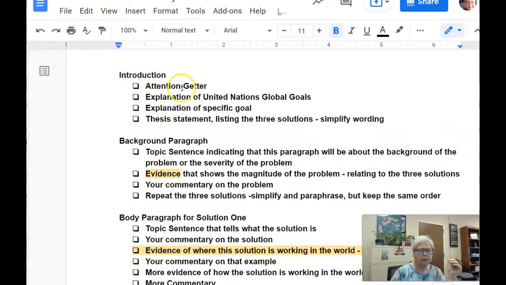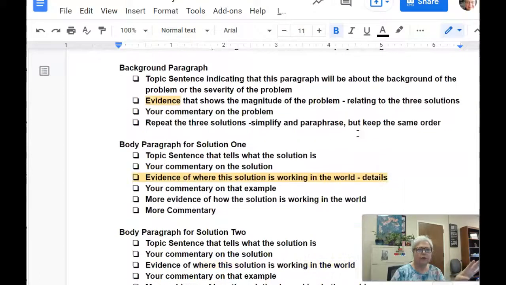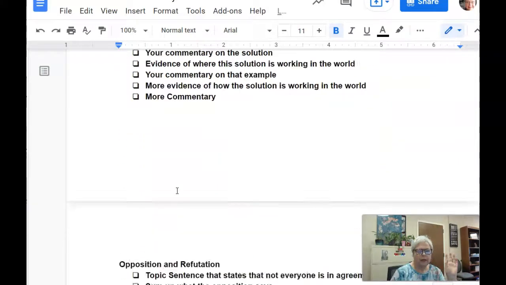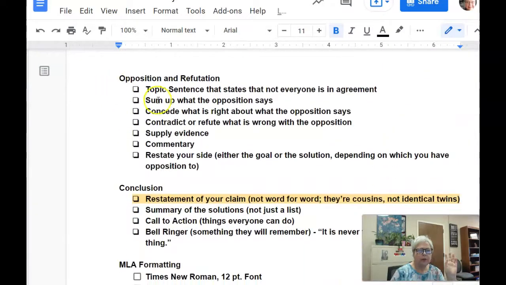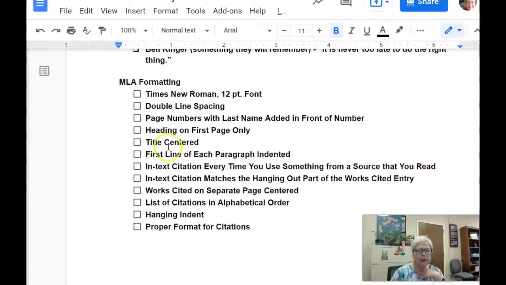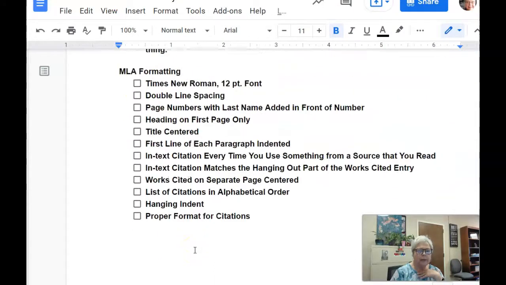Look at your introduction paragraph. This is what needs to be in there. If you can check those off, your introduction paragraph is great. Here's the background paragraph. Here are the body paragraphs. And then here is what you need for your opposition and refutation. And here is for your conclusion. Here's what your MLA formatting needs to have.